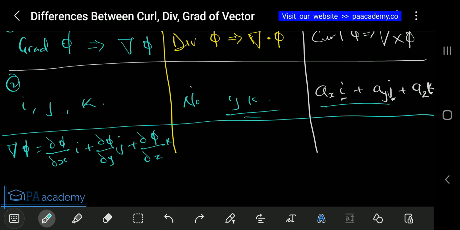Now, when you move over to div, it is the dot product of this nabla, the del sign, which will be given as, you first of all write this out, which is partial differential over that of x and i, plus partial differential over that of y, j, plus the partial differential over that of z and then k.